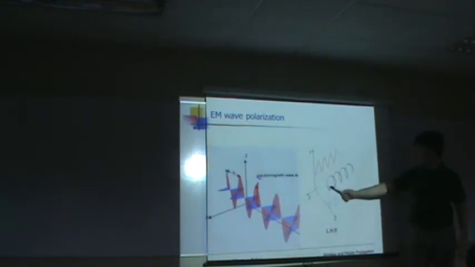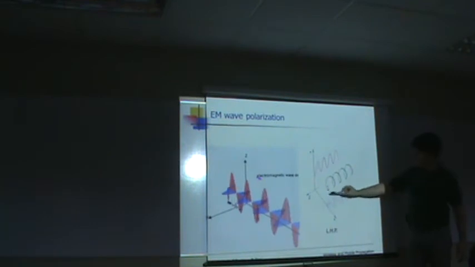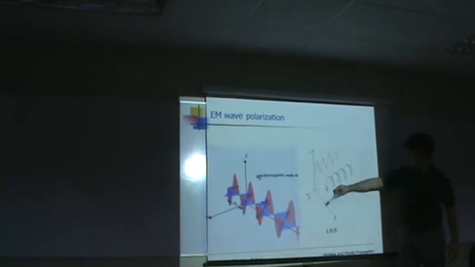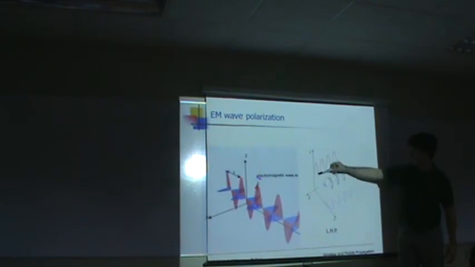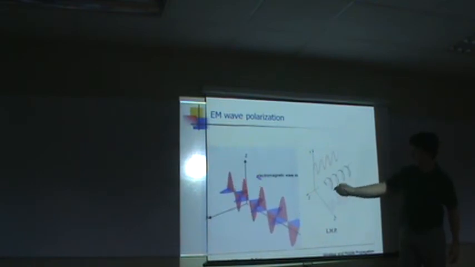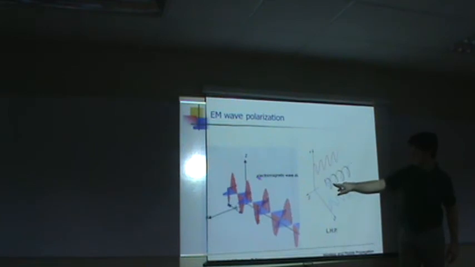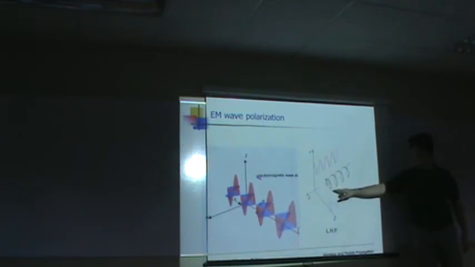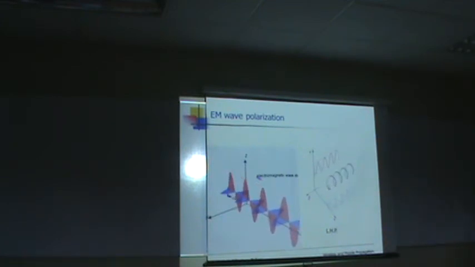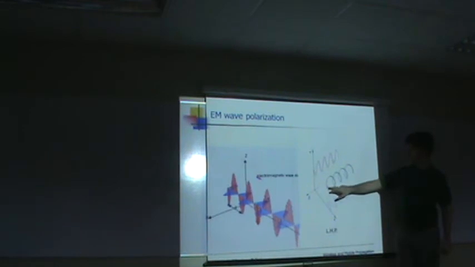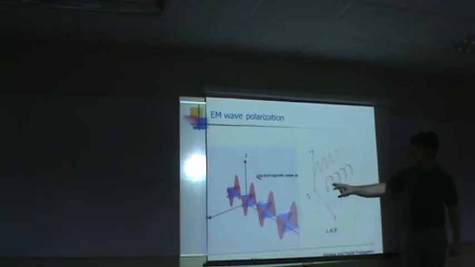This is the electric field of a circularly polarized wave. Those are the two components, x and y. They are out of phase by 90 degrees. And this is the resulting electromagnetic wave. What is not shown on this picture is the magnetic field.